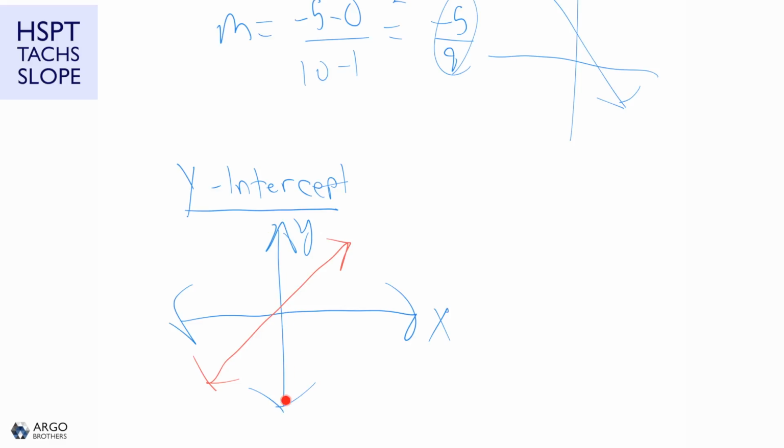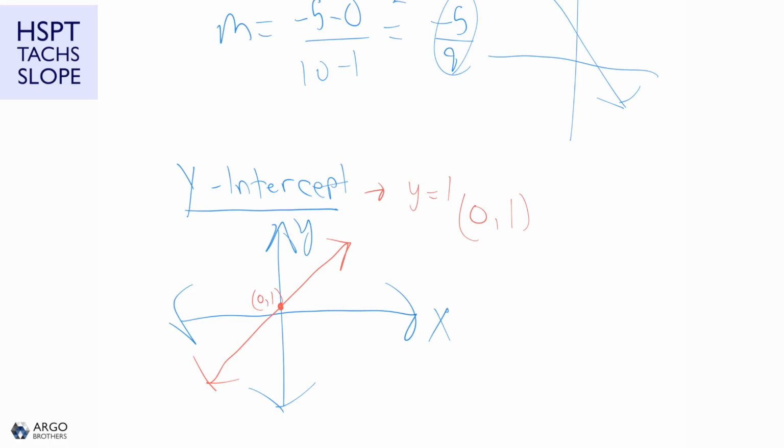Here's the y-axis. Where does this red line hit the y-axis? Right here. So let's make up what that point would be. Let's say that's (0, 1). So the y-intercept here is y equals 1. You can think of the point as just (0, 1), either way. And now let's find the slope of this line.